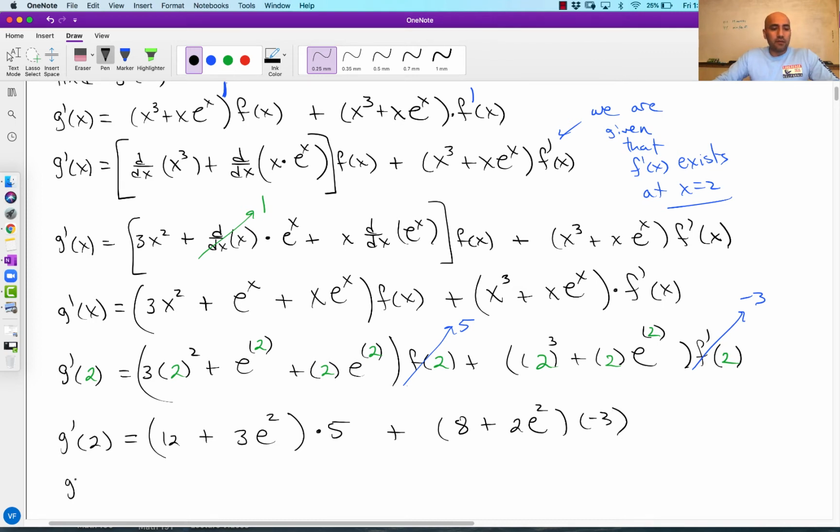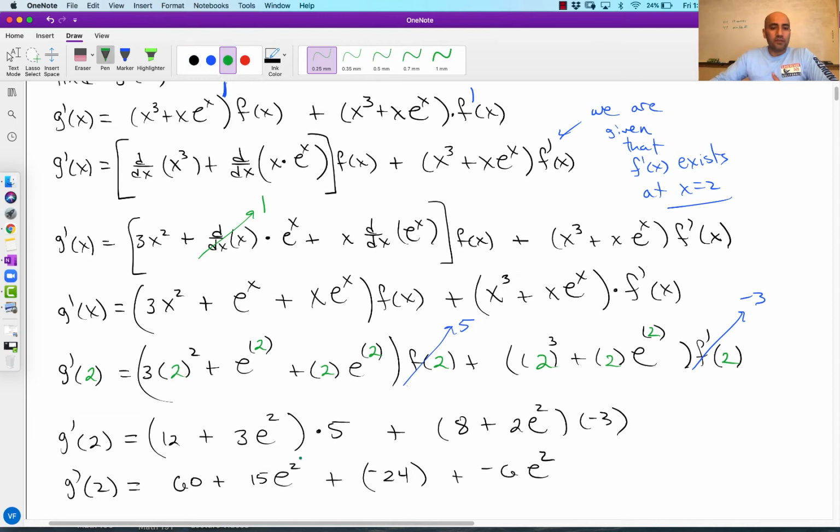So distribute and combine like terms, we end up with 12 times 5, so 60 plus 15e squared, plus negative 24 plus negative 6e squared.